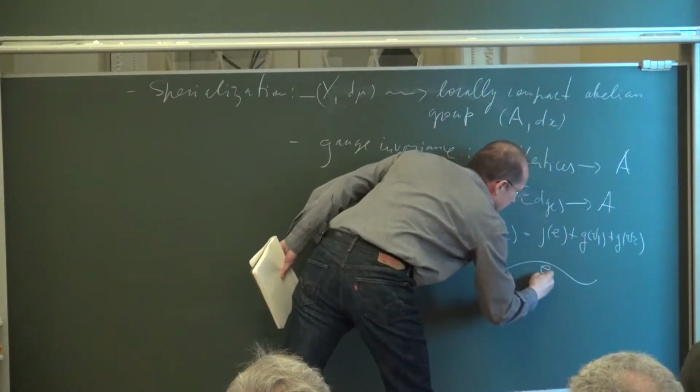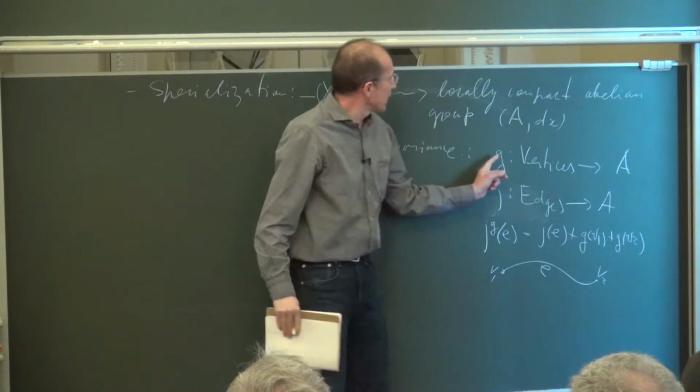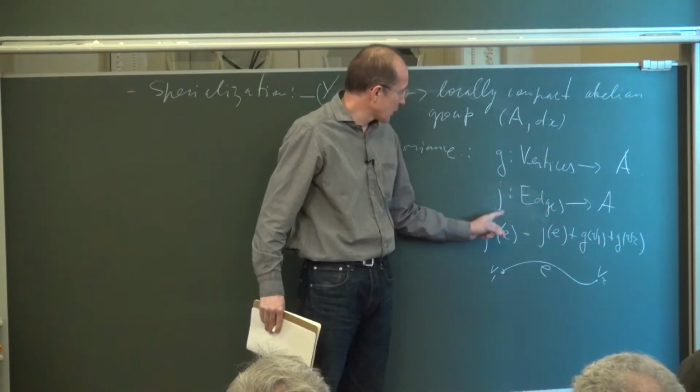Okay, so we have an edge and we have endpoints. So our gauge group is given by functions on the vertices.